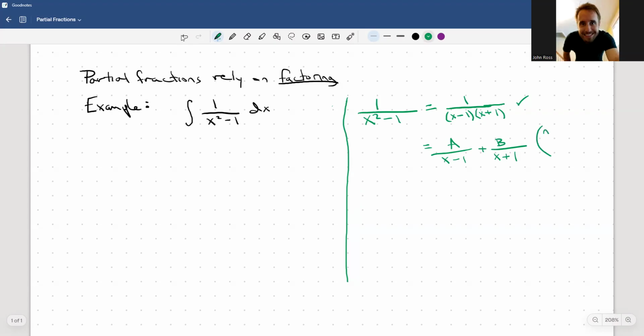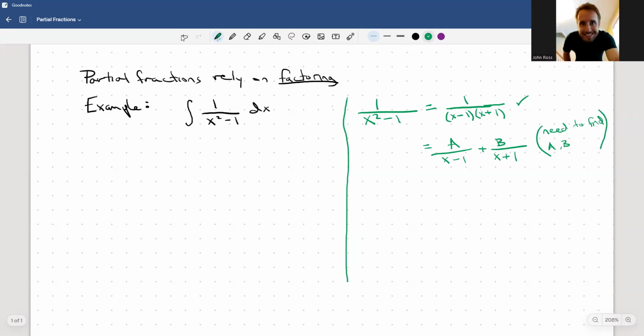And we'll need to figure out what A and B are equal to. These will be specific numbers that we'll need. We need to find A and B.